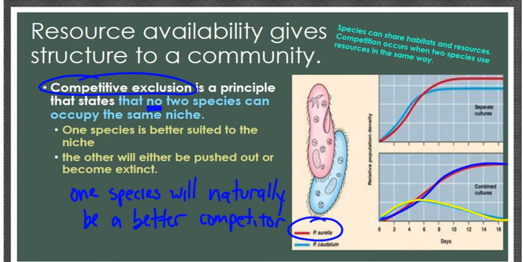You cannot have the exact same role as another species. Now, this is not saying among the same species. Within the same species, you will have variations that causes some individuals to be better suited, remember, adaptations than others. Competitive exclusion is talking about two separate species.